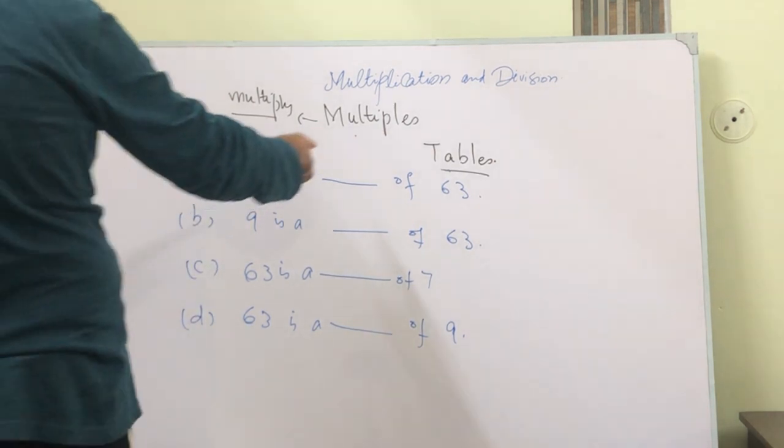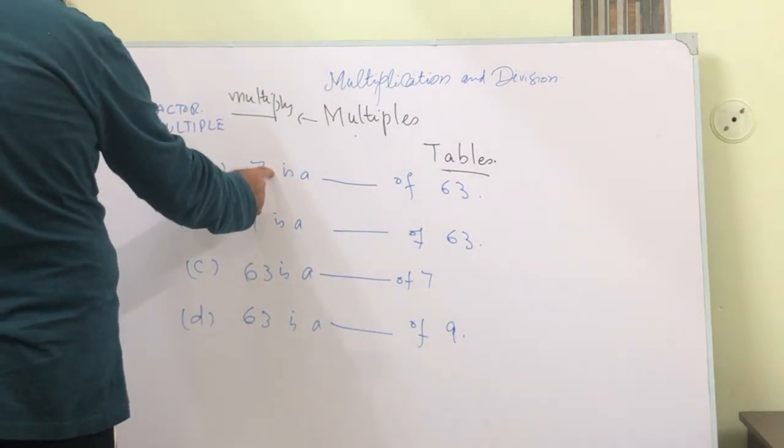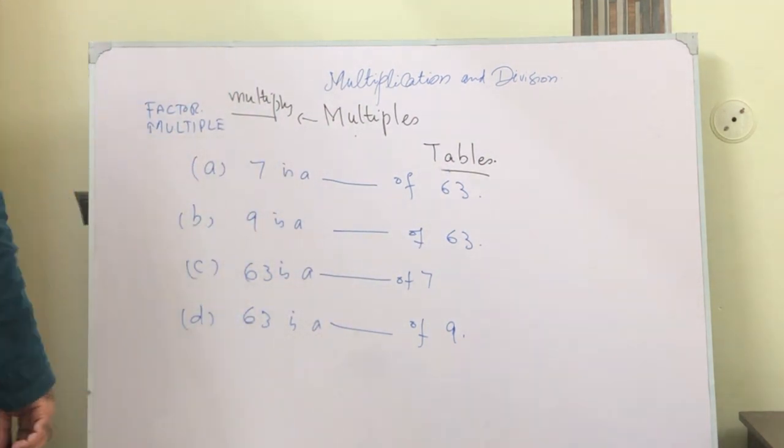7 is a dash of 63. When we write the table of 7, we get 63. 7 1s are 7, 7 2s are 14, 7 3s are 21, 7 4s are 28, 7 5s are 35, 7 6s are 42, 7 7s are 49, 7 8s are 56, 7 9s are 63.